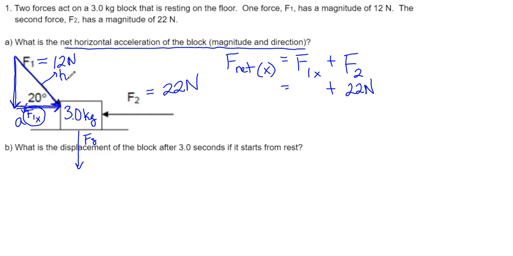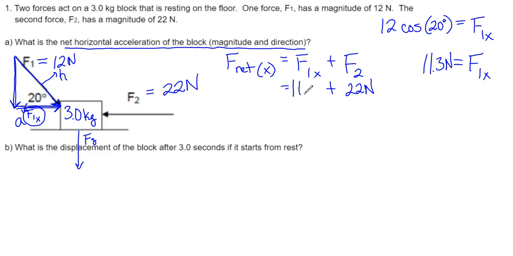So we'll figure out what 12 times the cosine of 20 degrees gives us for F1x. I'm going to plug that into my calculator because I don't have my cosine tables memorized. So 12 cosine 20 is approximately 11.3 newtons for the x portion.